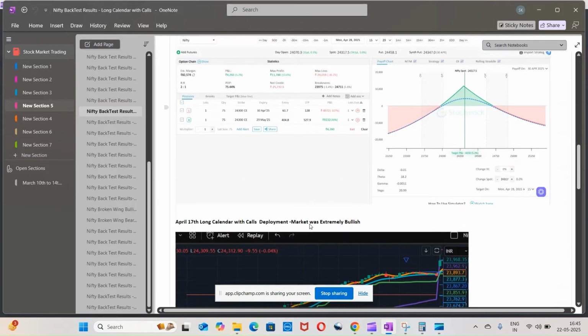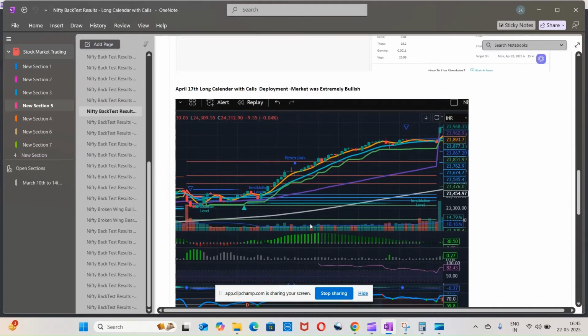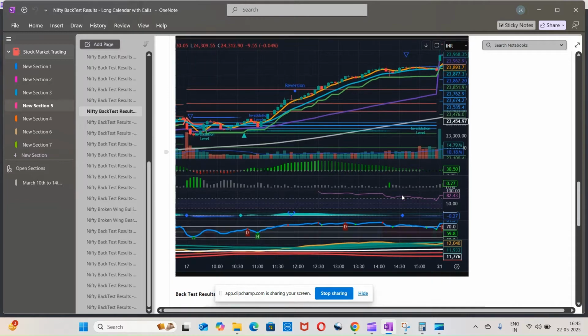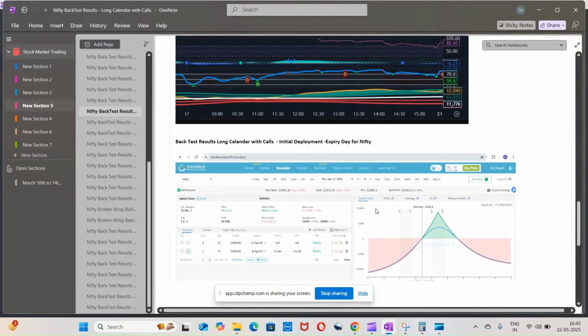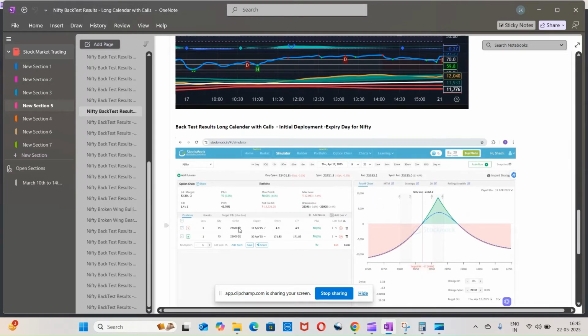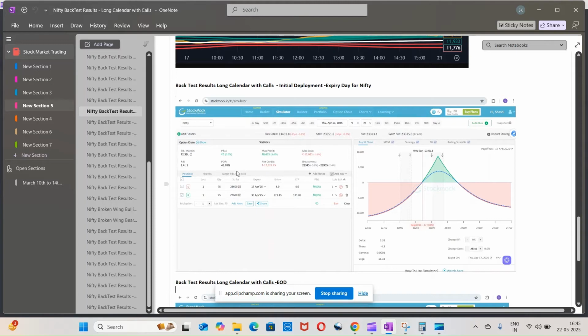Next is April 17th, which is an extremely bullish day. This is the expiry day, and there was a gamma blast in the second half of the expiry. On expiry day, the capital deployed is high, because they have increased the margin for calendars during expiry. So it is 2.39 lakhs, and POP is 45%.